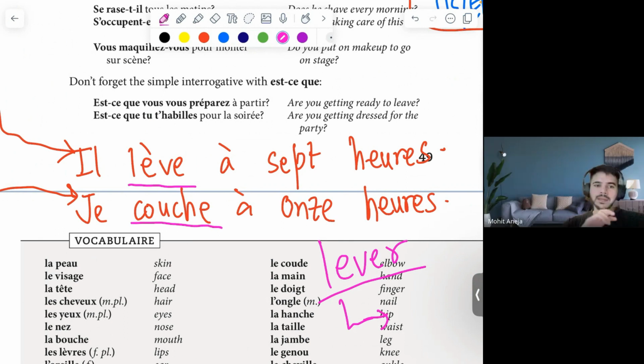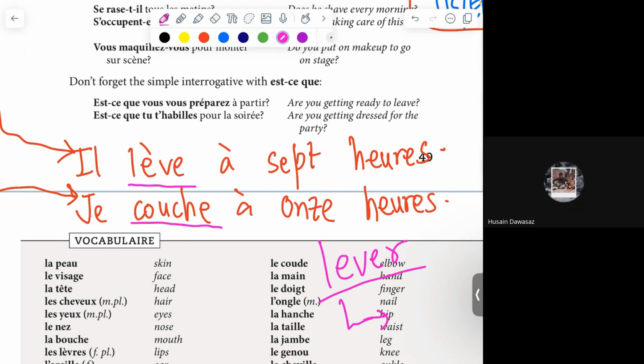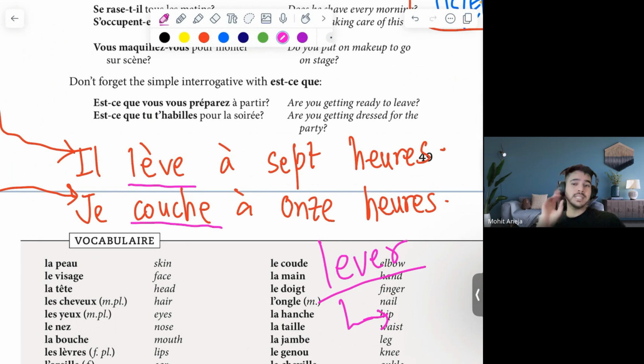Yes, but यहाँ पे I am telling you the lever verb is actually transitive. इसका मतलब what is necessary? The verb should happen on someone. It should not happen on me, but it should happen on some object. That is the condition of a transitive verb, ठीक है.